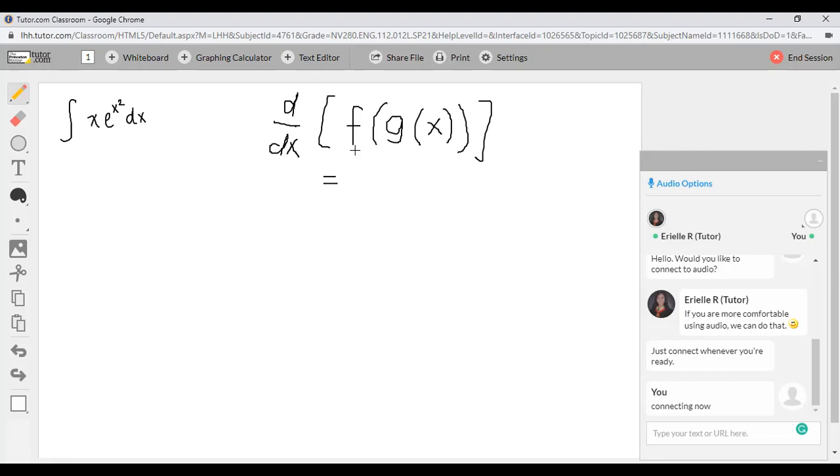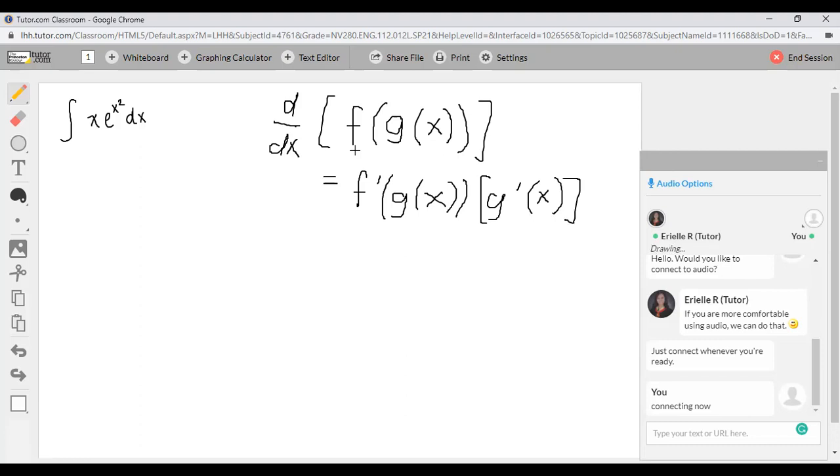So we differentiate the outside, which is f of g of x. These are the fundamental parts of this, so that we can understand. And then the derivative of the inside, like that. Okay, so they are multiplied together.